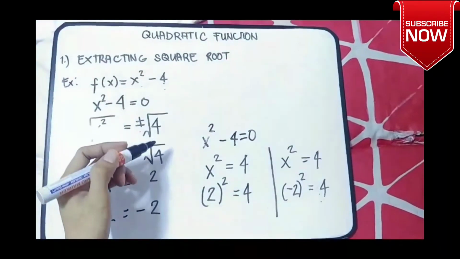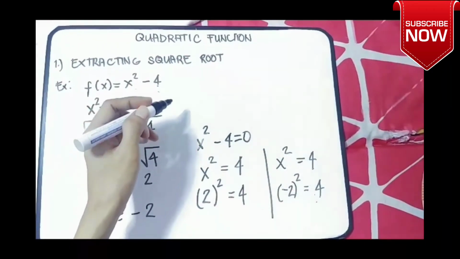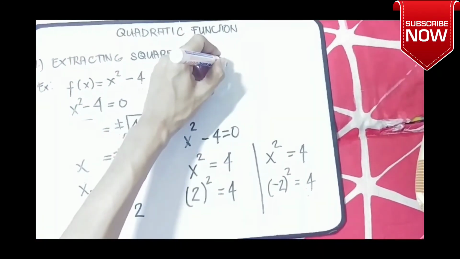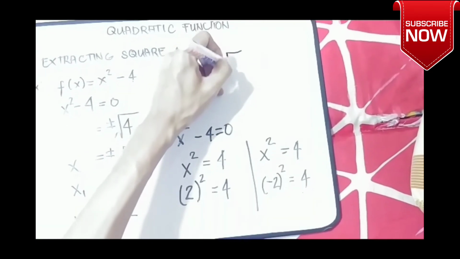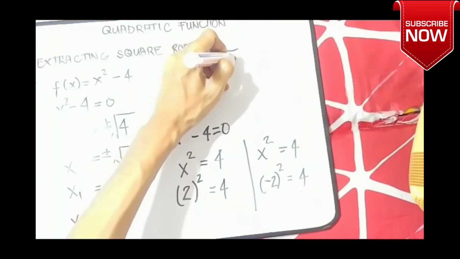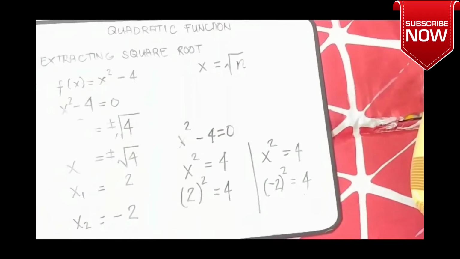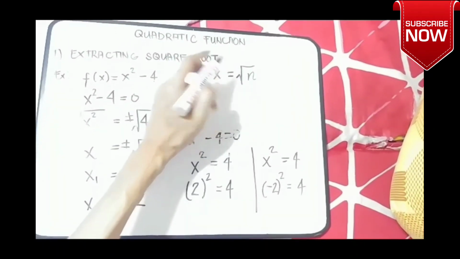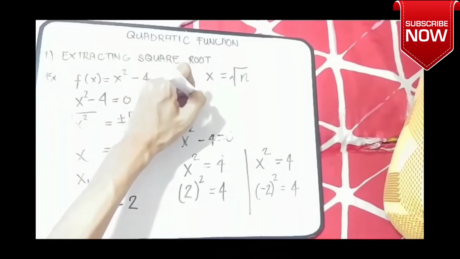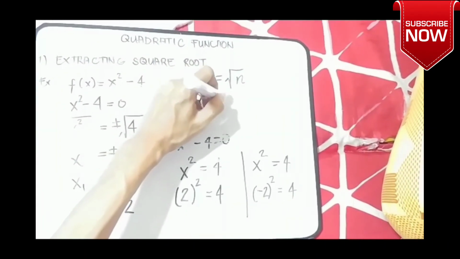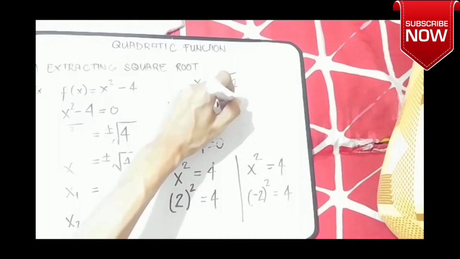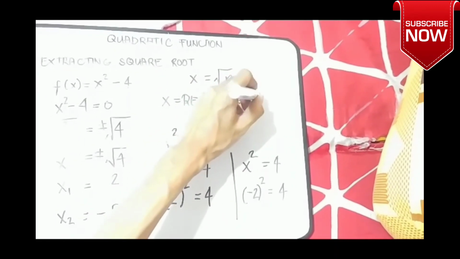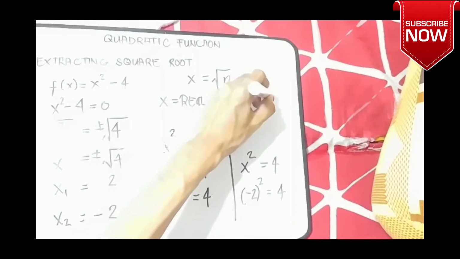But when it comes to principle or theory of square root, any number na nasa loob ng square root, let's say n, the value of x, which is the square root of n, is the real numbers which is greater than or equal to 0.